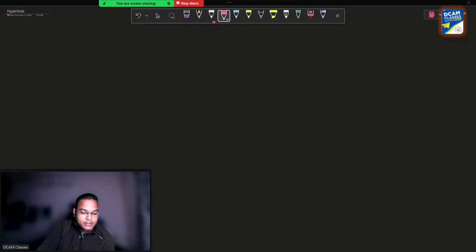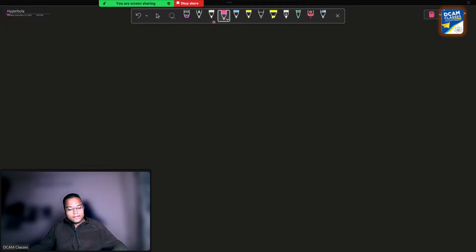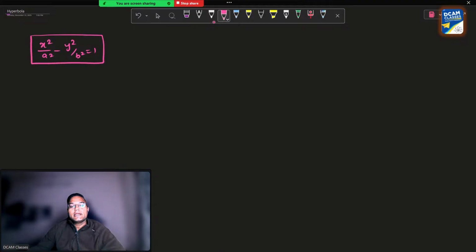It's not difficult. Hyperbola, the equation is x square by a square minus y square by b square is equal to 1. The only difference between the ellipse and the hyperbola is that there is a negative in between.